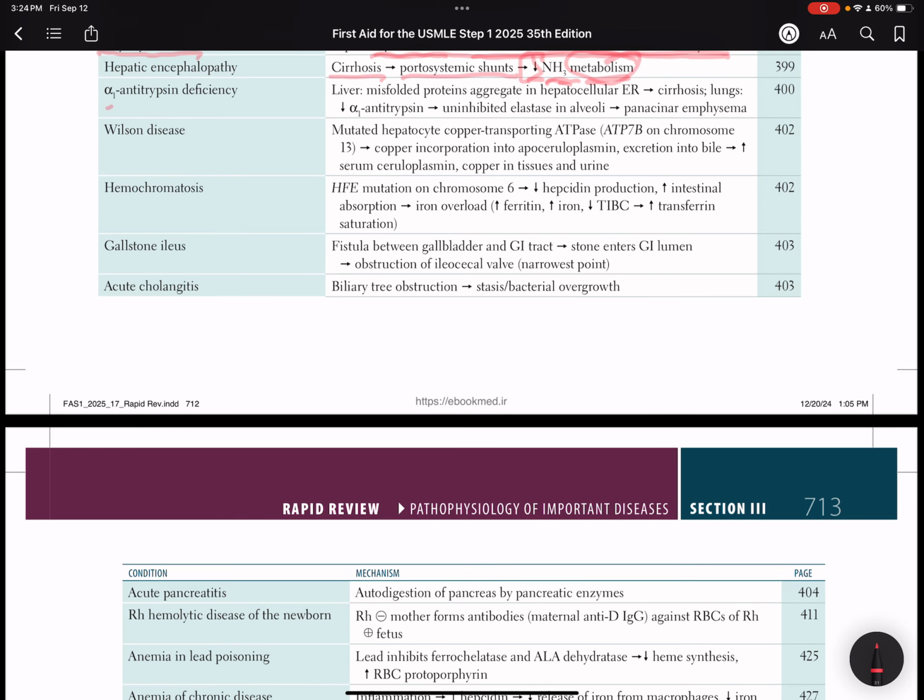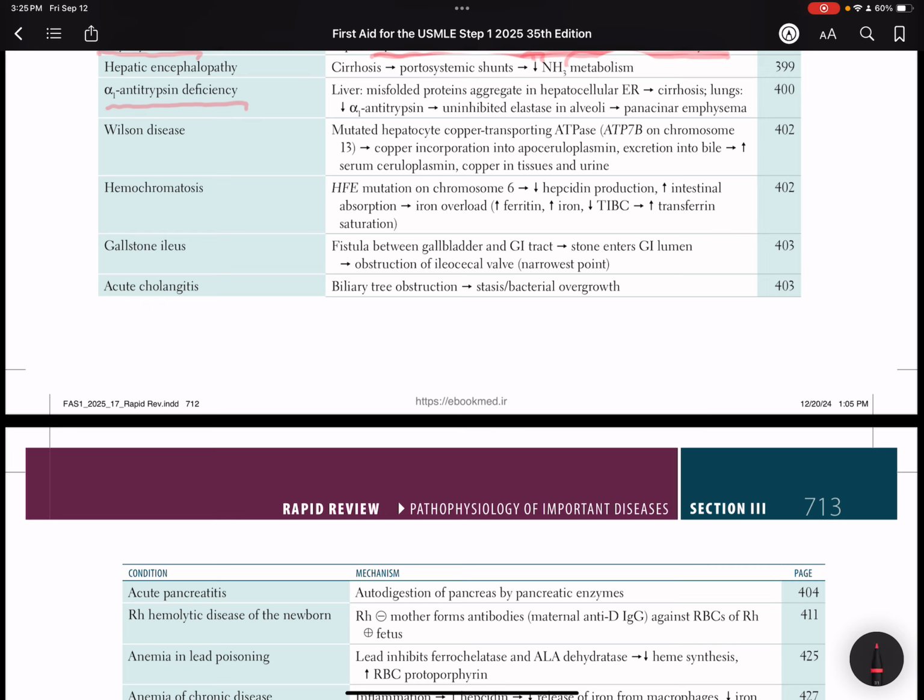Next condition is alpha-1 antitrypsin deficiency. You see it in two places, liver and lung. In liver, you have misfolded proteins aggregate in hepatocellular endoplasmic reticulum.